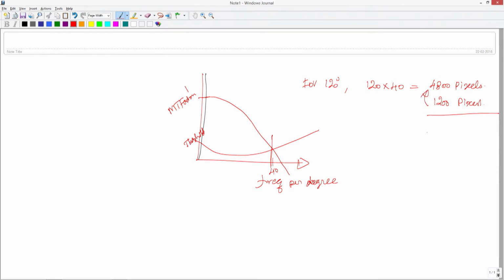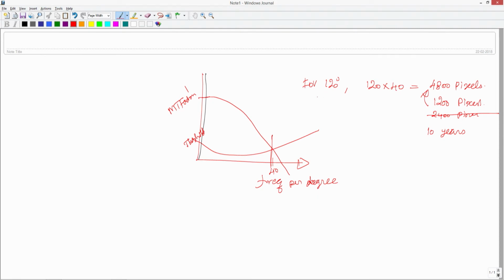In order to reach 4800 pixels we might need 10 years, assuming Moore's law is constant and valid. So every 5 years the pixels are going to double, therefore after 5 years this is going to be 2400 pixels, and after 10 years we will reach 4800 pixels.